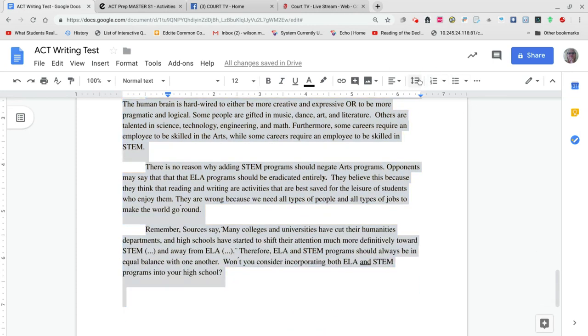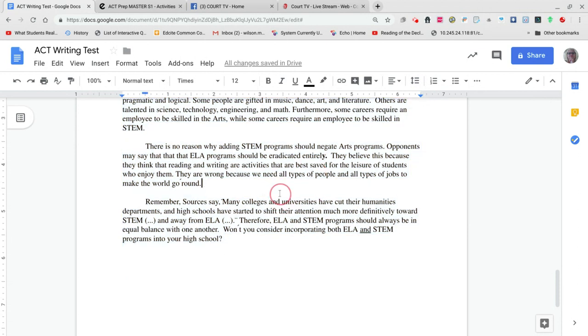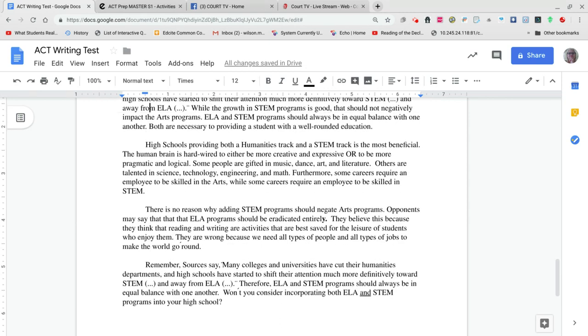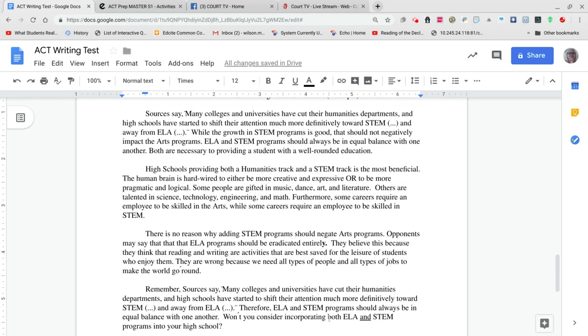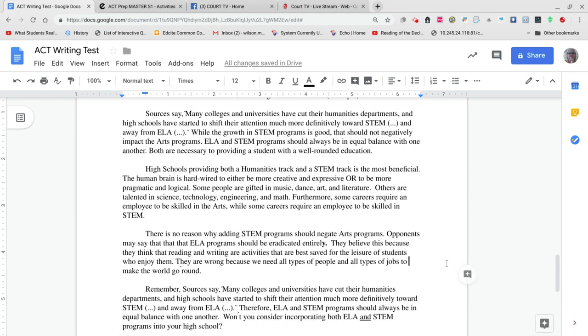So let's try that. Single spaced, take away the, okay, let me see if this will work. There, now you can see the whole essay. So you can pause it right there to look at the whole essay.